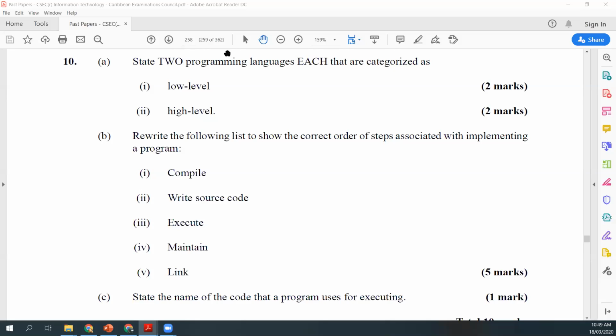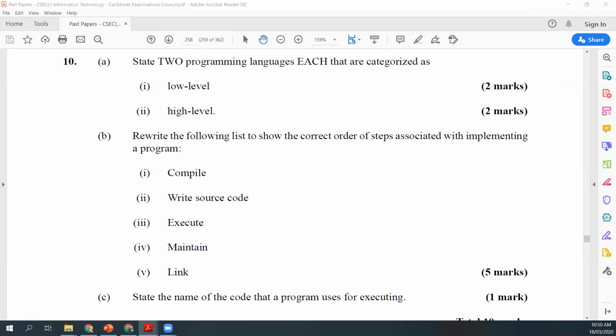How about the last part of the question? State the name of the code that the program uses for executing. Anyone want to try this one?